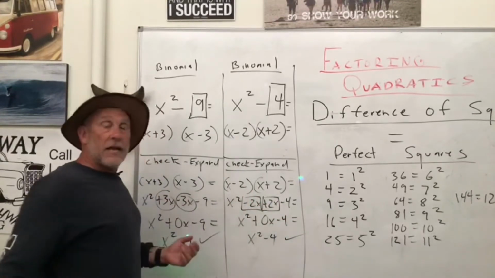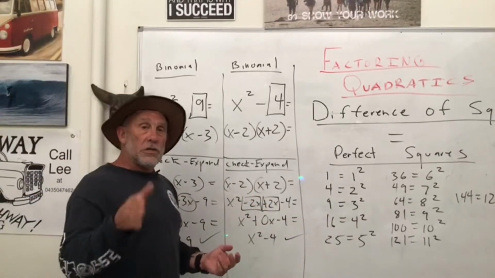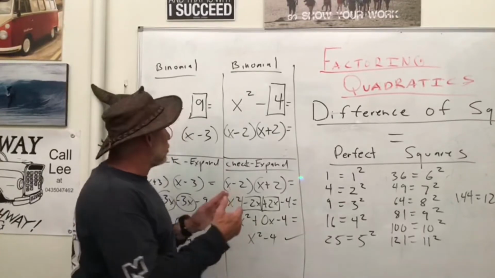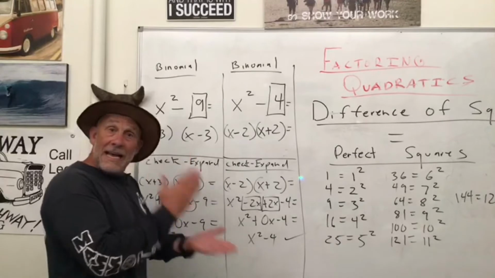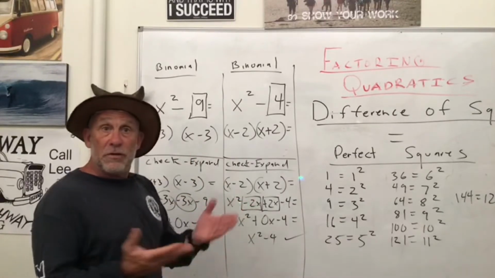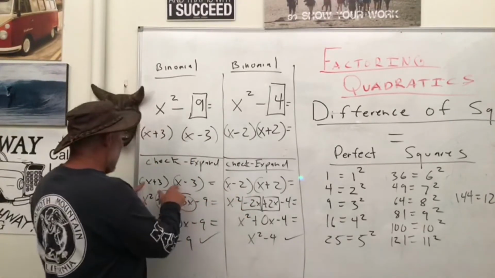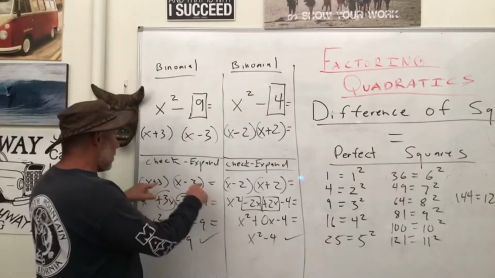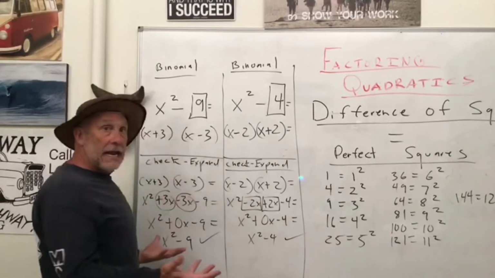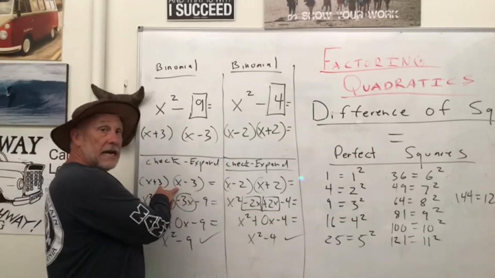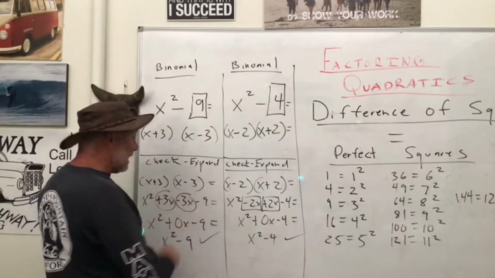Now you want to check. The check is critical to understanding what's going on because we need the two middle terms to cancel each other out and add up to be 0. So let's check it. X times x is x squared. 3 times negative 3 is negative 9. We got that. Now, here we go. Inside's 3x, outside's negative 3x.